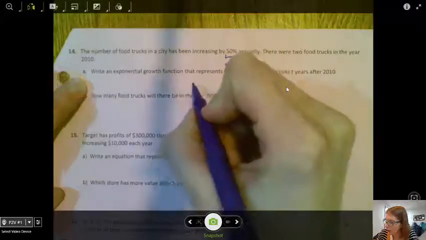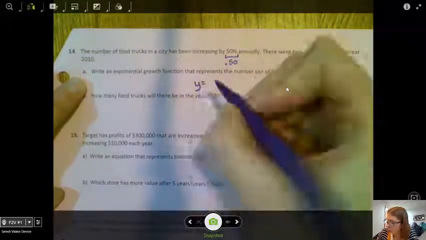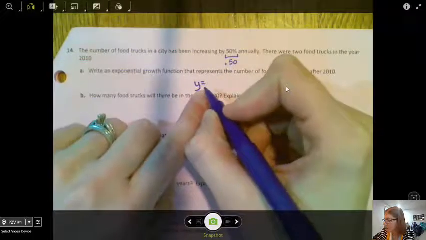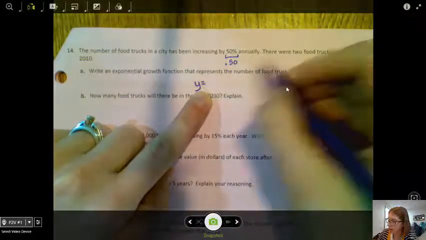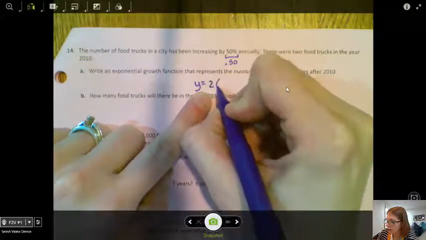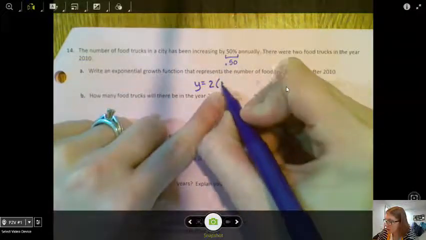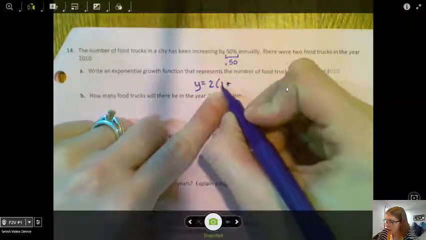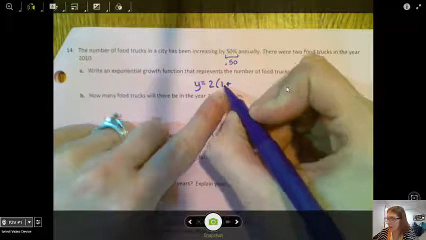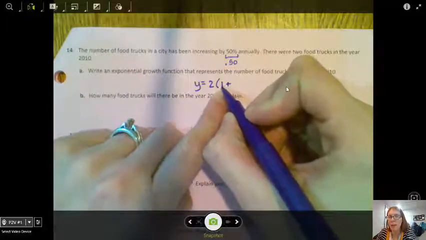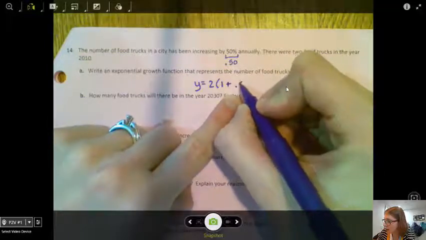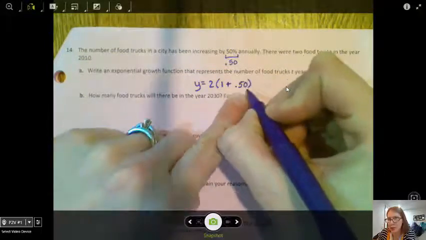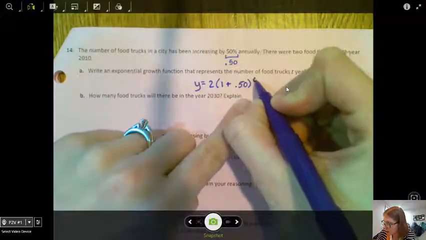So when I write my equation, we start with y equals my starting value, and it says there were 2 food trucks that year. We're increasing 50%, so I need to have 1 plus my 50% here, to the t power.